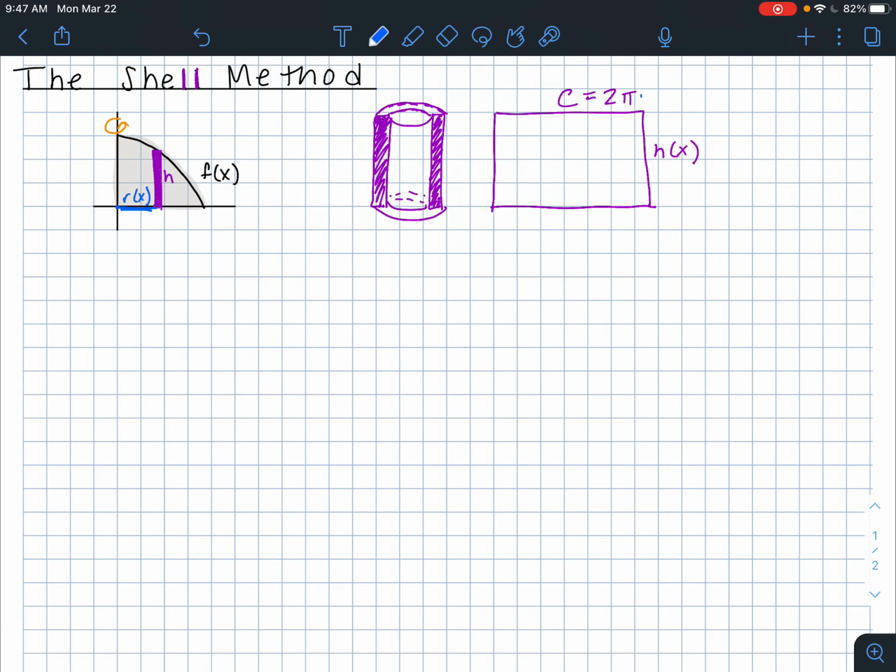If I wanted to integrate this by hand, which I totally can, it's just going to take some time. I'm going to FOIL that out, so I'm going to get 40x minus 8x squared minus 5x squared plus x cubed. Now it's just going to be a lot of power rules. So I've got 2 pi times 20x squared minus 8/3 x cubed minus 5/2 x squared plus 1/4 x to the 4th from 0 to 5.